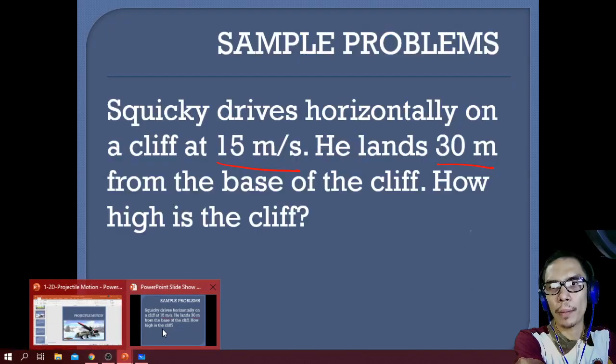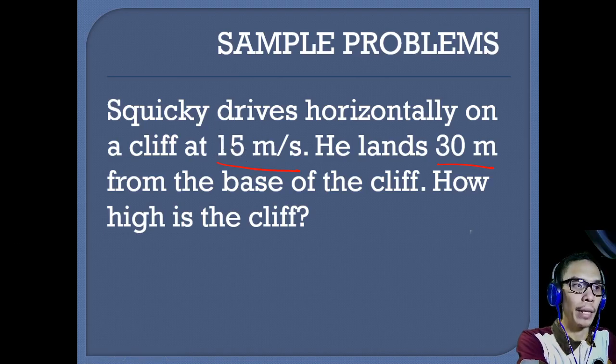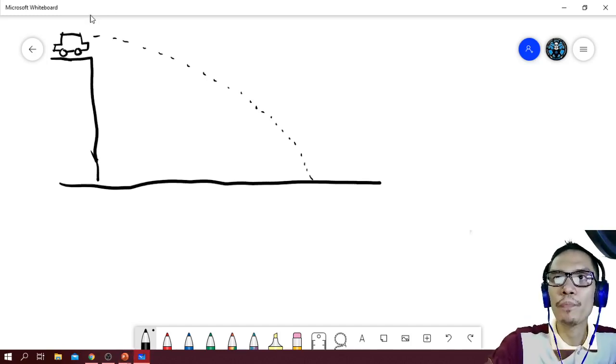If we go back to the problem itself, he lands 30 meters from the base, and the initial velocity of the car he drove is 15 meters per second.